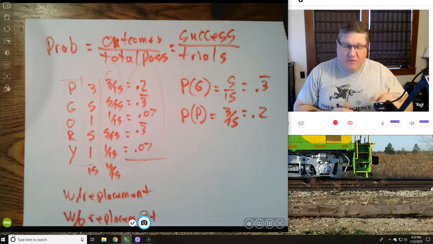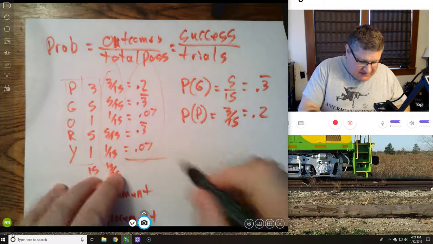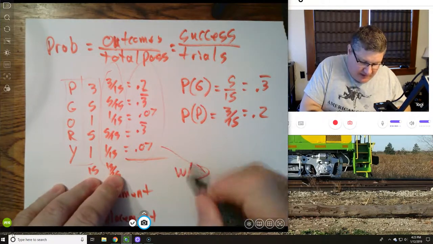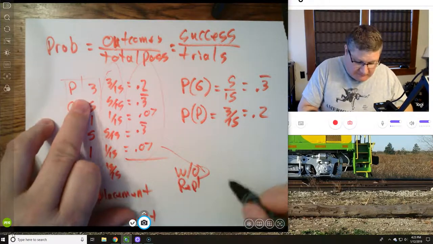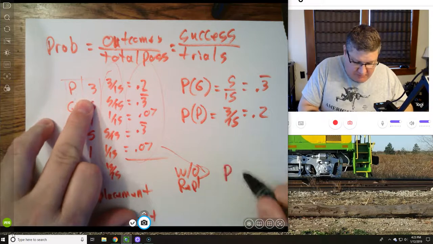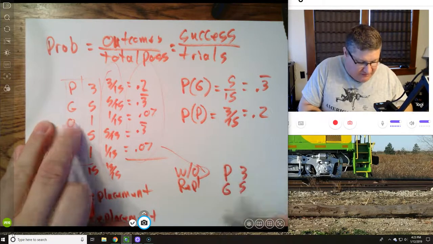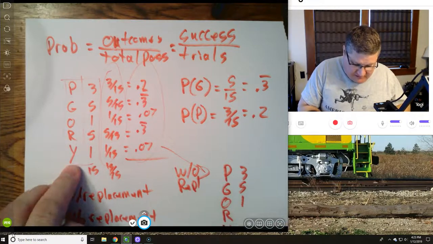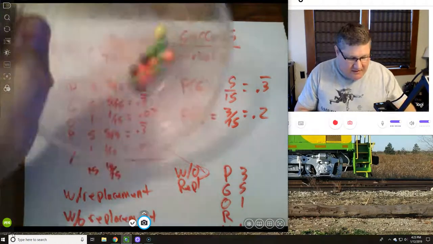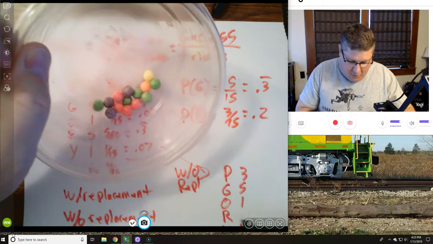Because I just ate a red, which means without replacement, my new chart looks as follows. It's now purple is 3, green is still 5, orange is still 1, red is now something else, and yellow is 1. How many reds? 4.